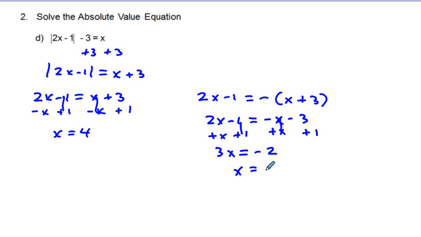So x is equal to negative 2/3. And so in set notation, we'll have x is equal to negative 2/3, comma 4. So that would be that one here.